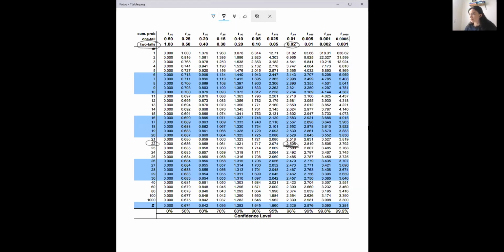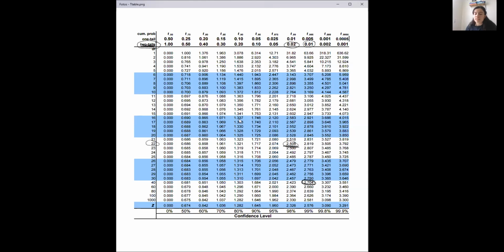So here I'm going to have 0.01, and that's why I have an expression over here that says two-tailed, 0.01. And my sample was of size 42, which means that we would have to look at the line that is 41. In this case, I don't have a line that's 41, and so the closest value that I have is 2.704.